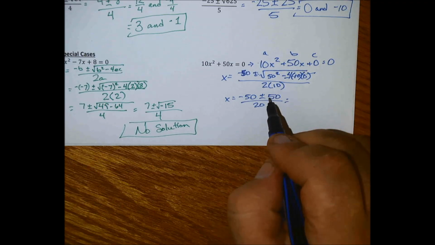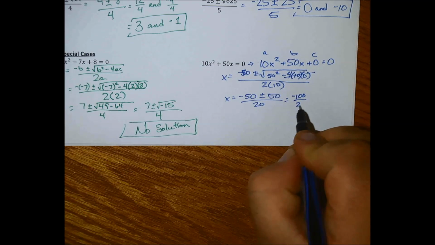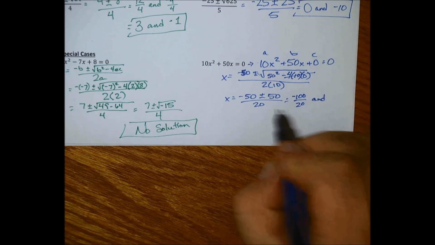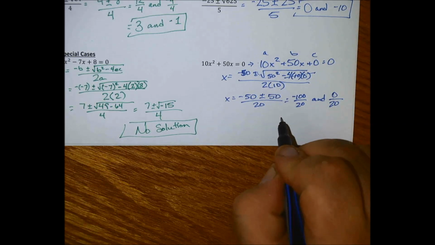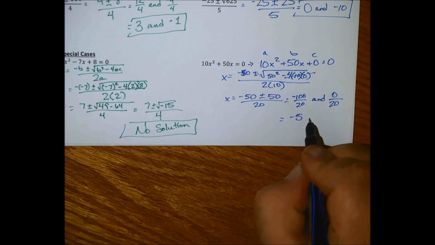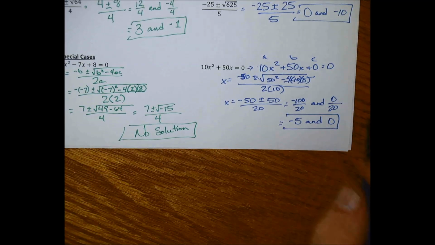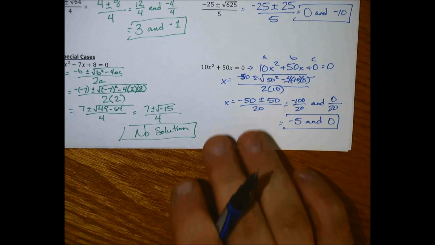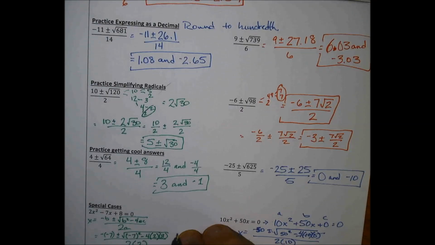So negative 50 minus 50 is negative 100 over 20. And negative 50 plus 50, 0 over 20. So that gives us a negative 5 and 0. Okay. That was just one of those cool answers. I thought I'd throw it in the special cases part. Let's go ahead and turn the page and move on.